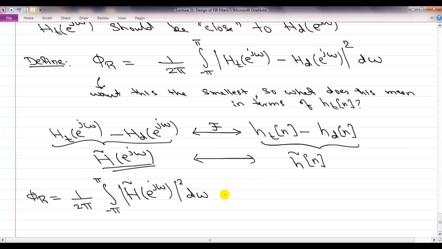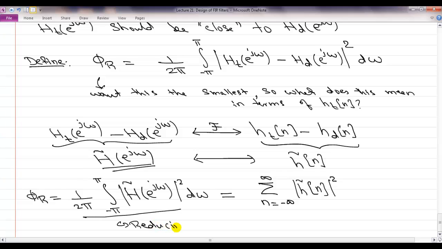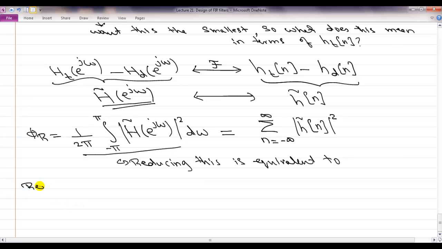So Parseval's identity says that this error is equal to actually the energy in the time domain signal, n from minus infinity to infinity, h tilde of n absolute valued squared. So if I want to reduce this, reducing this is equivalent to reducing this time domain expression.